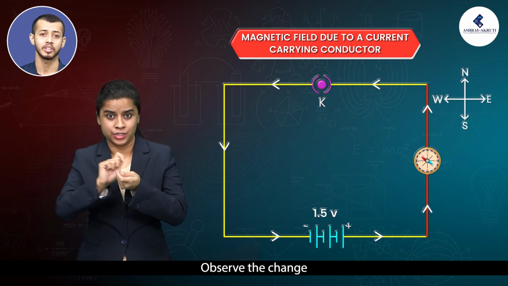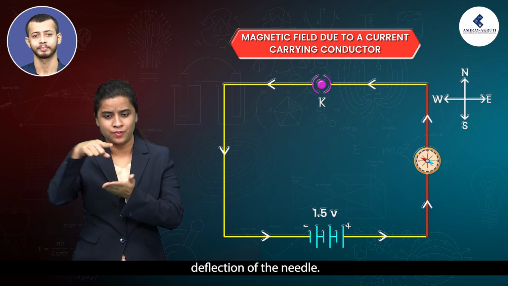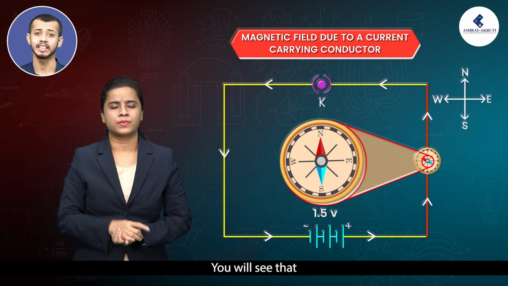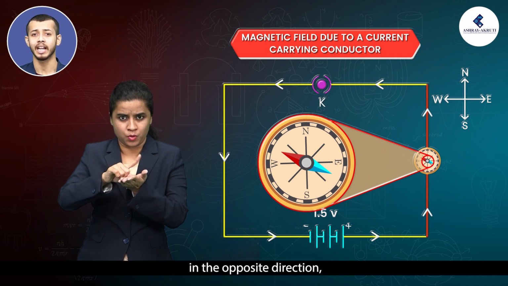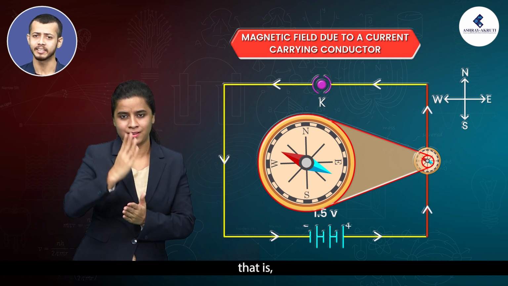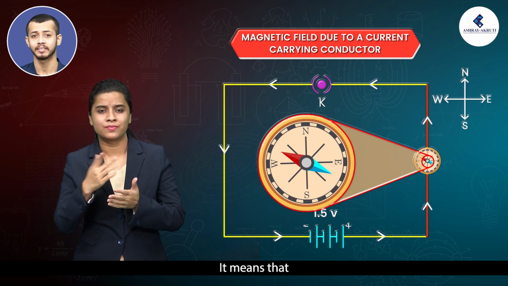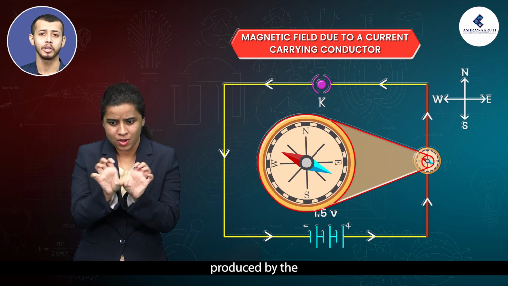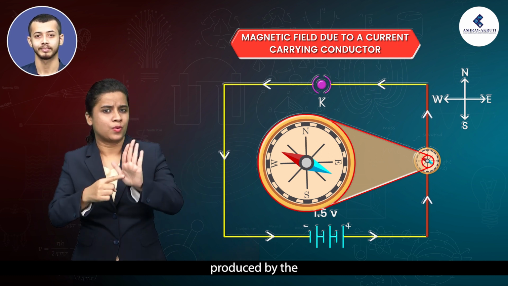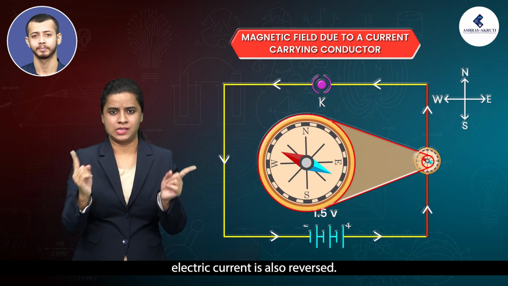Observe the change in the direction of deflection of the needle. You will see that now the needle moves in the opposite direction, that is, towards the west. It means that the direction of the magnetic field produced by the electric current is also reversed.